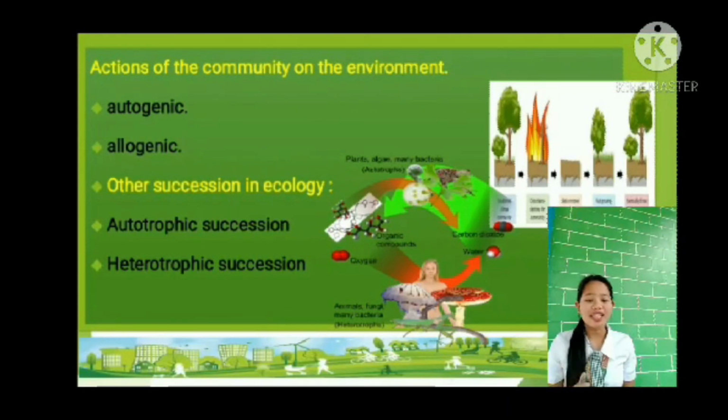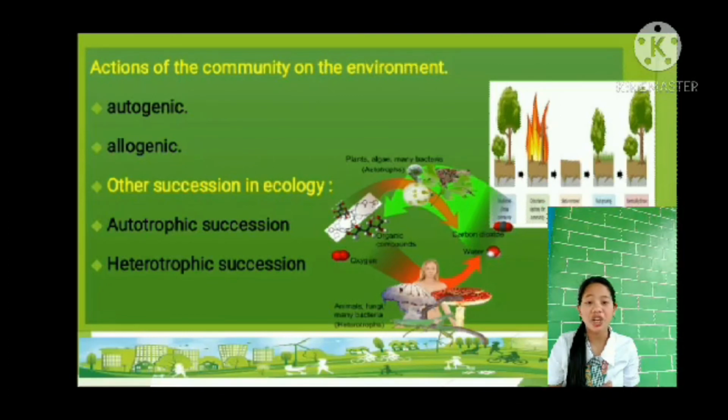About more on succession in ecology, let us add autotrophic and heterotrophic succession. Succession that begins in an inorganic environment and is characterized by early and continued dominance by autotrophic organisms is what we call autotrophic succession. Both primary and secondary succession are under this type.